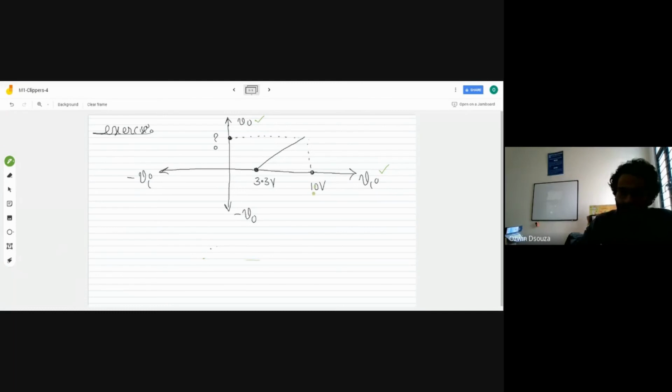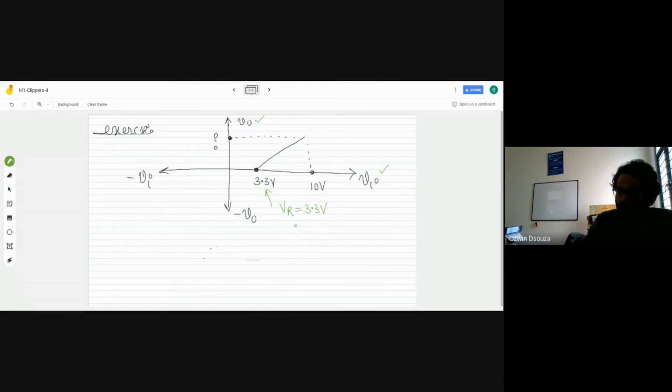The output starts to appear from the 3.3 volt level onwards. So this 3.3 volt will be your reference voltage. So the reference voltage for this particular problem is 3.3 volts.